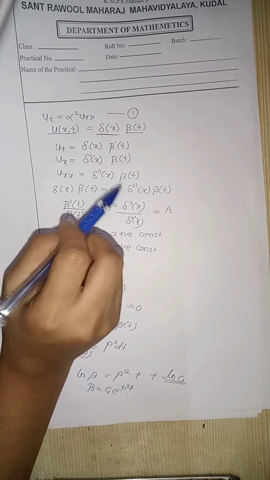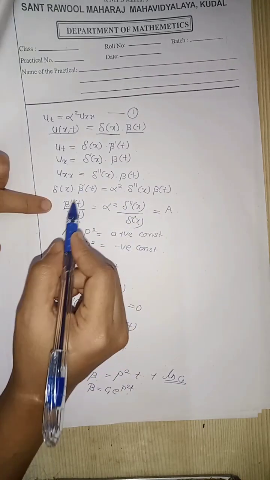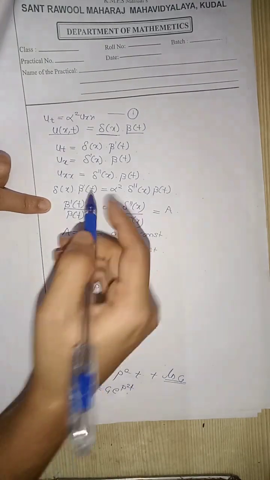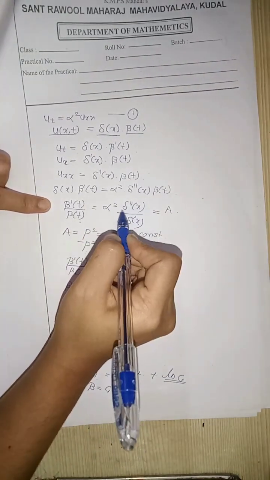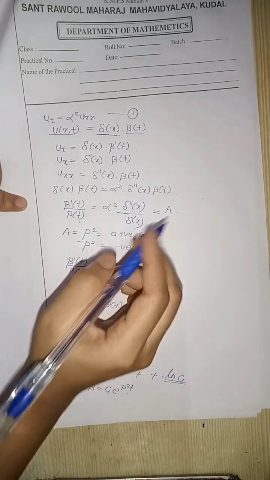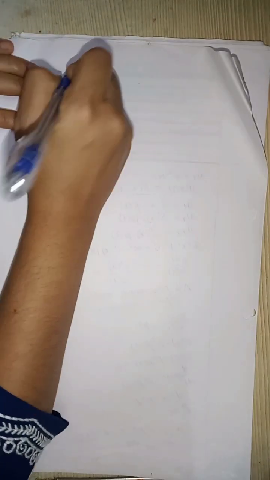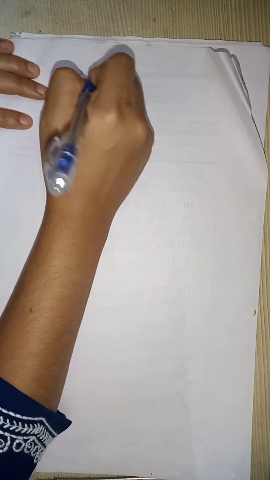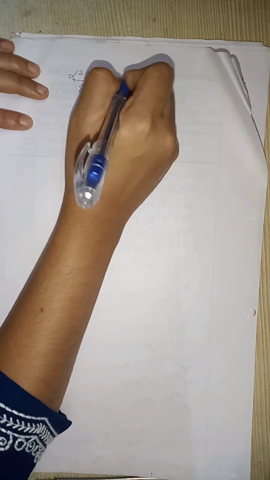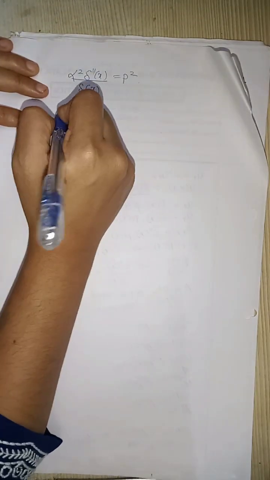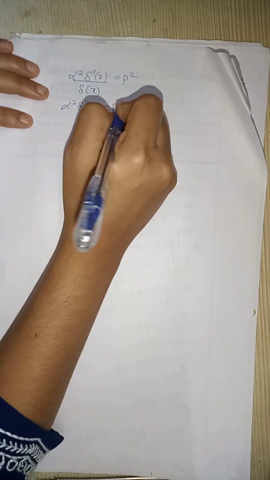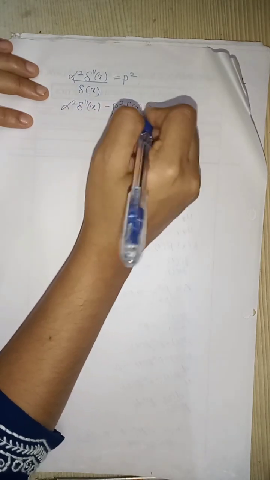As we had taken beta dash t upon beta t equals a and solved this, now we will take alpha square delta double dash x upon delta x and solve the next part. So now consider alpha square delta double dash of x upon delta x equals p square. Solving this, you'll get alpha square delta double dash x minus p square delta x equals 0.